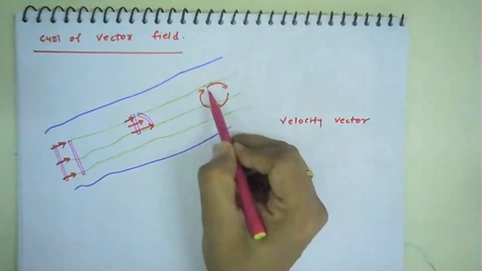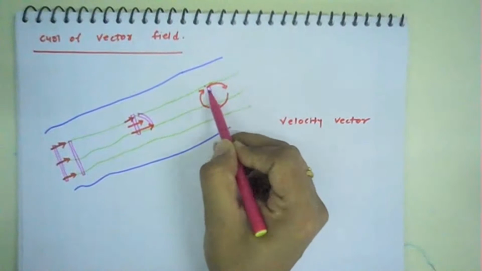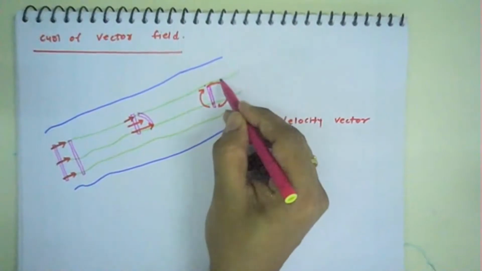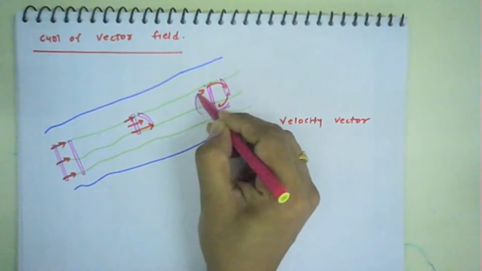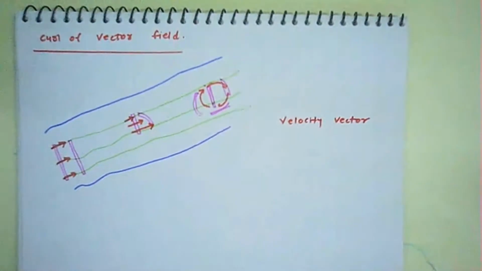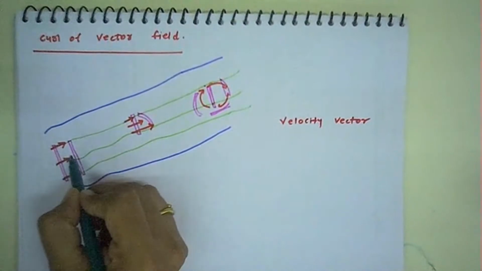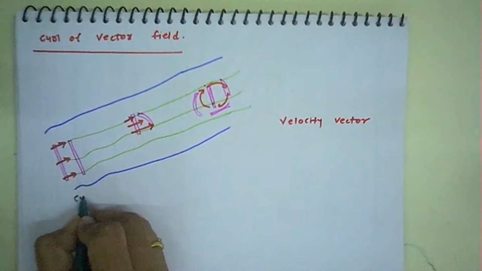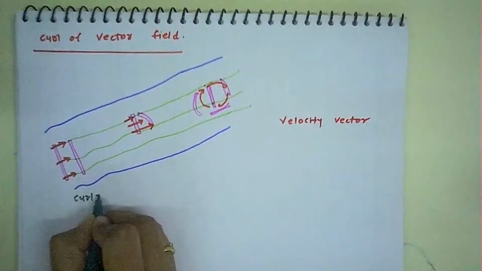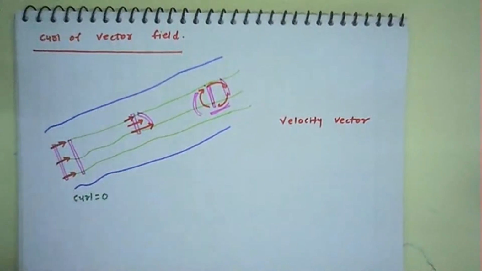In this, if we keep a stick, then what would happen? The stick would start moving in this particular direction where the fluid is moving. Now if the stick is not rotating here, the stick is moving constant, that means there is no curl. Curl is 0.